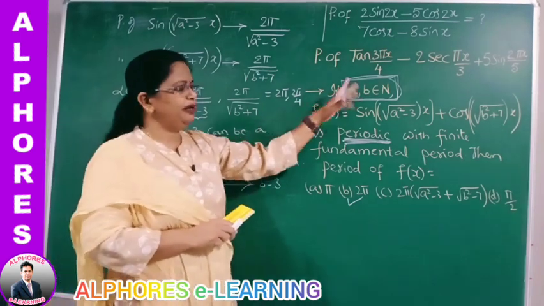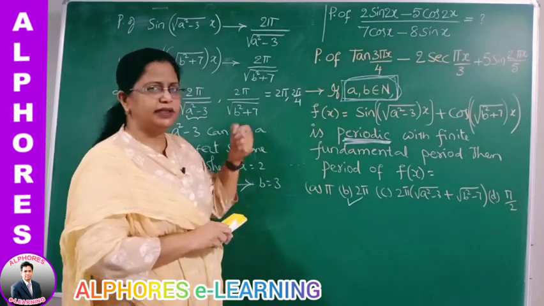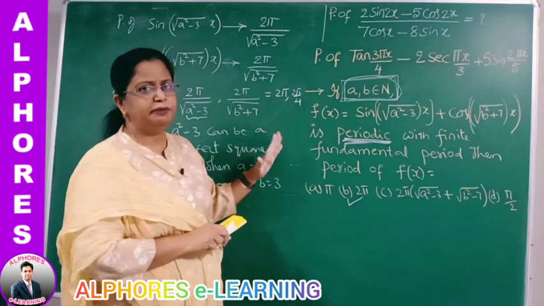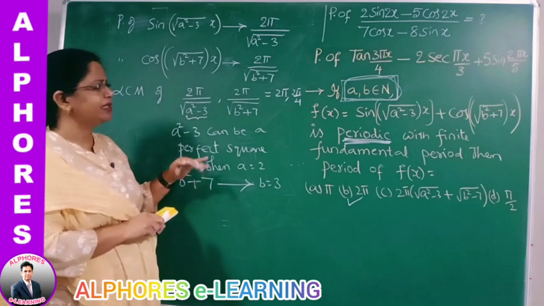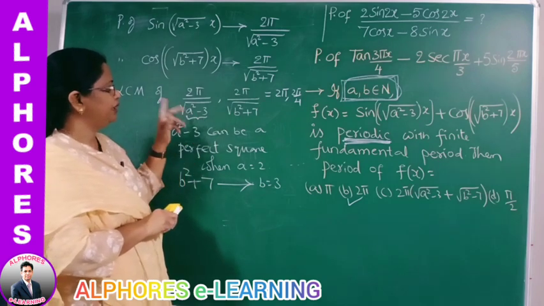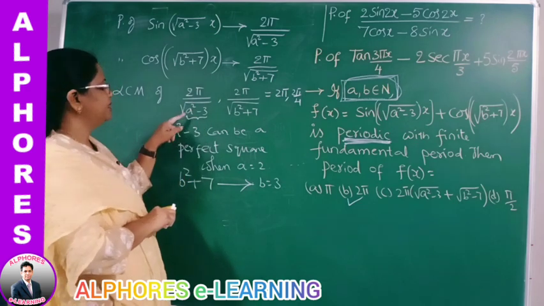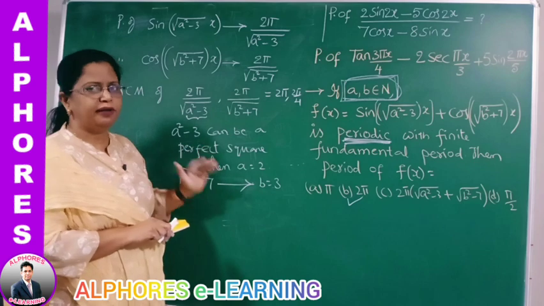So what are the major observations in this problem? Whenever they give a and b as integers or natural numbers, immediately underline it. After that they say the function must be periodic, which implies the LCM of these two numbers must exist. For that purpose the denominators must be integer values or rational numbers. That means a square minus 3 and b square plus 7 must be perfect squares.